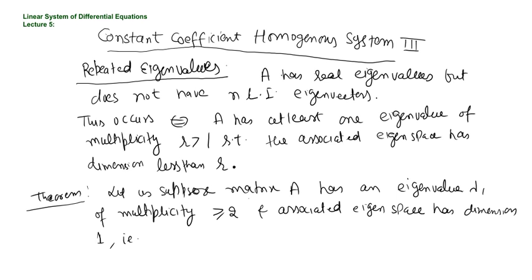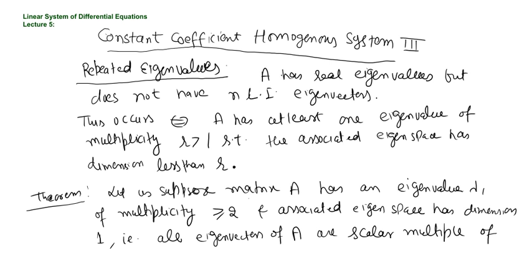So all eigenvectors of A are scalar multiples of an eigenvector x corresponding to that eigenvalue.